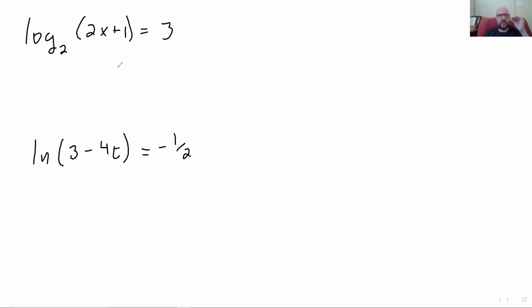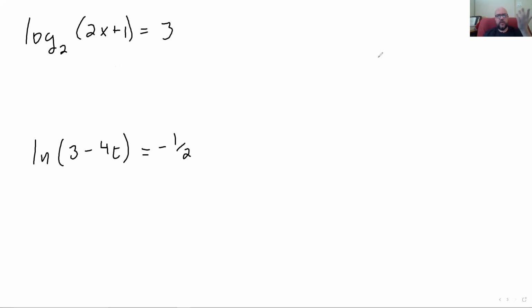You use logs to solve exponentials, but you don't really get a lot of log equations. You get a few when you get to calculus, but not even very many then. So I'm just going to leave you to solve those if it's relevant, and even then, it's really not. Anyway, I want to show you how to solve these.